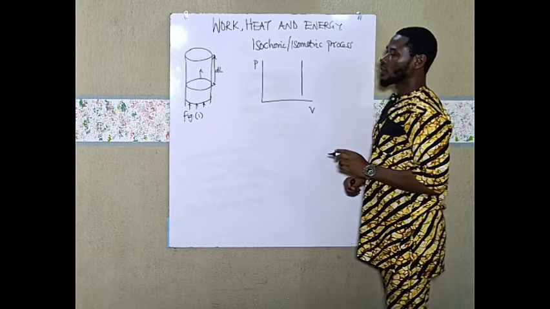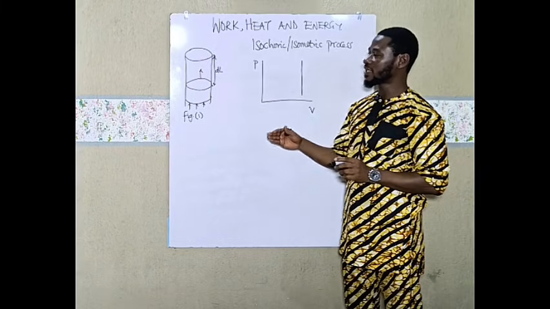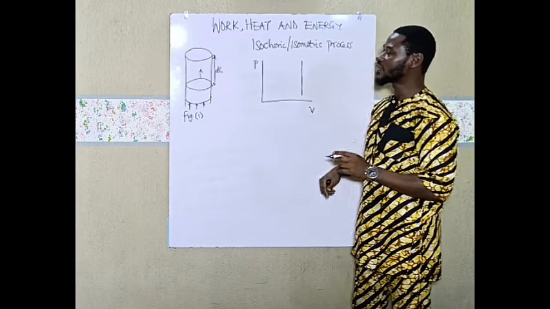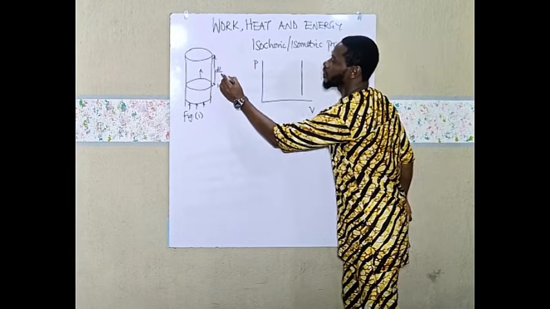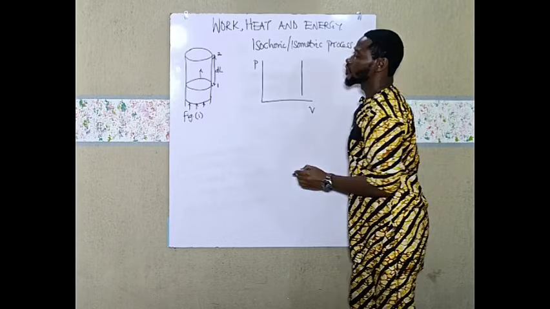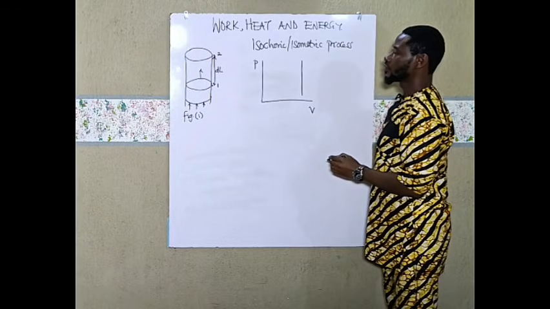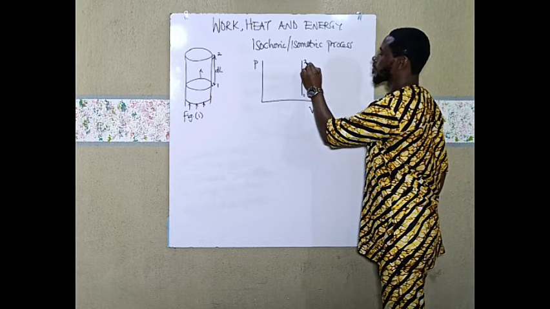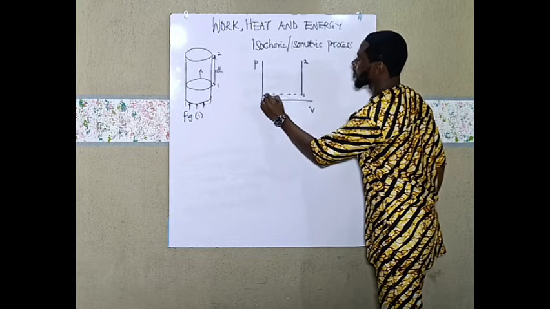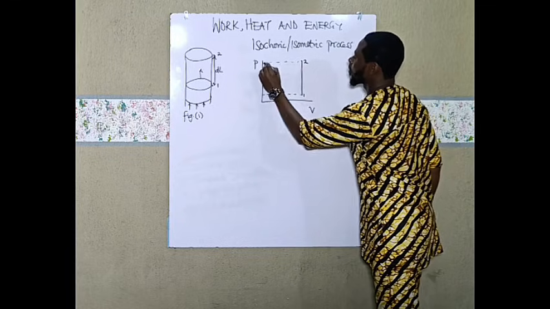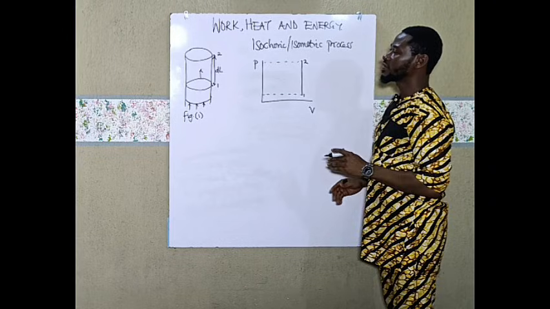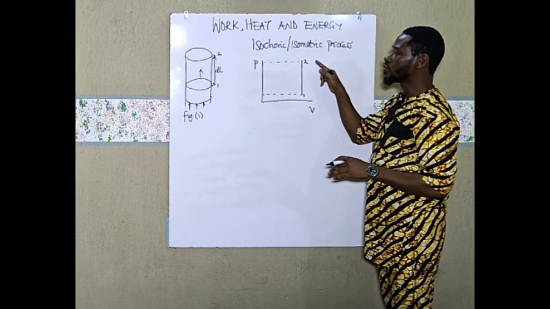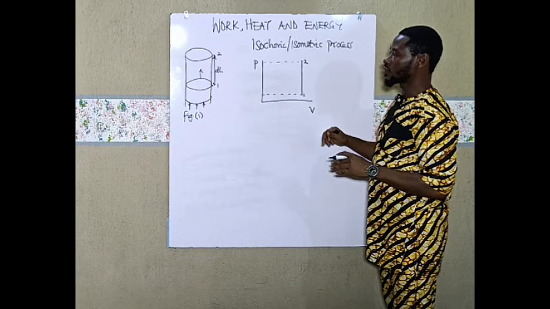Going back to figure 1, when the gas is heated, the piston moves outward, thereby increasing the pressure from state 1 to state 2. Also, when the gas cools, it comes back from state 2 to state 1.